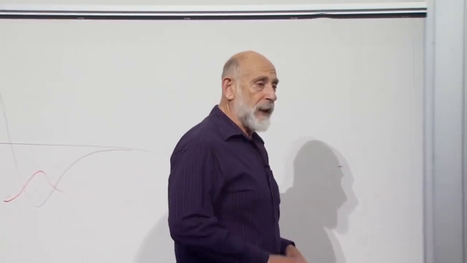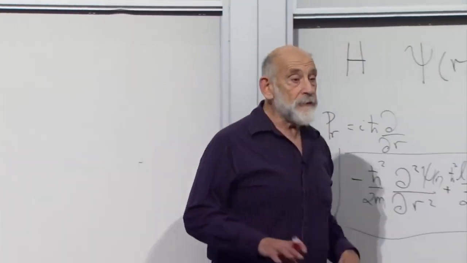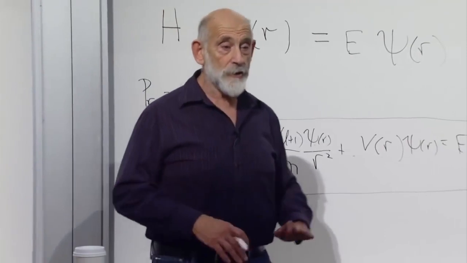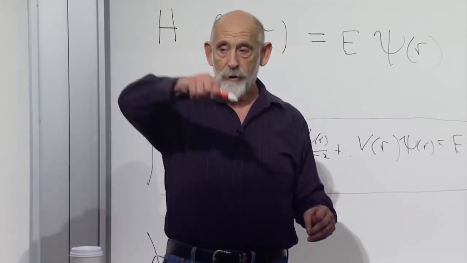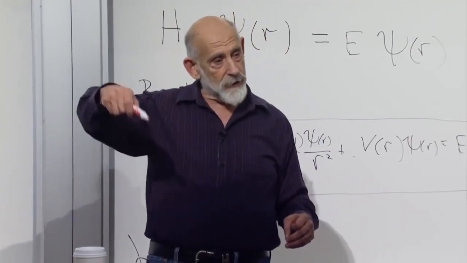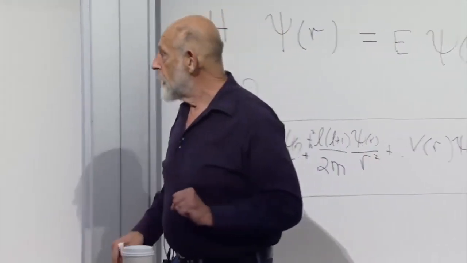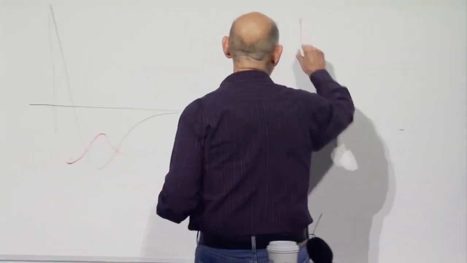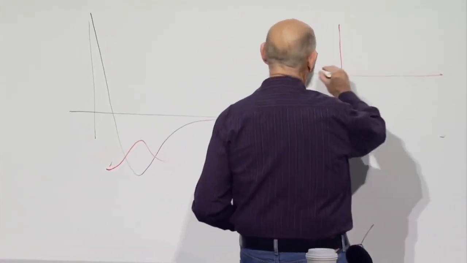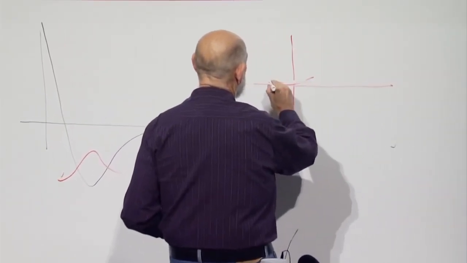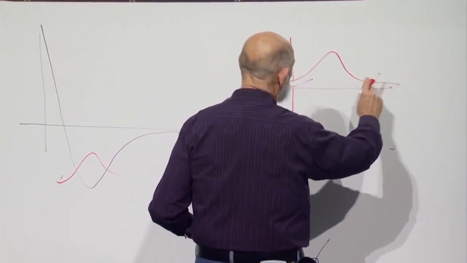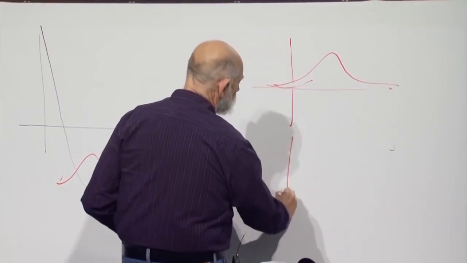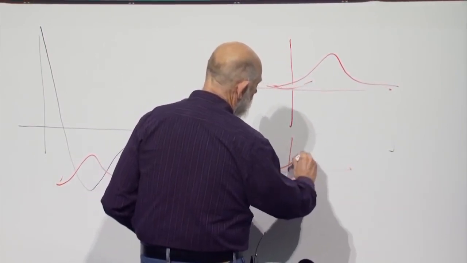A wave function which is never zero, let's say it's always positive, has no nodes. If it goes up, goes down, passes through the origin, then it has one node. So here are some functions with different numbers of nodes. Here's a function with no nodes. Here's a function with one node.